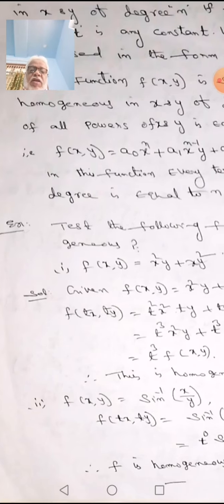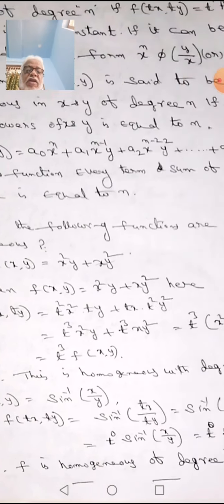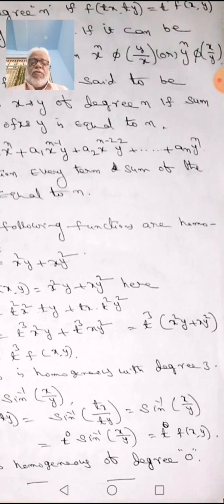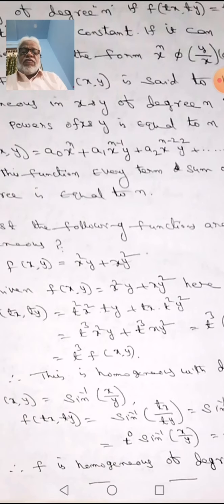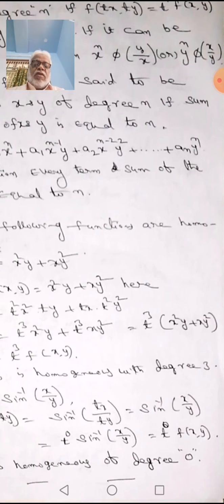So sin inverse x by y, in terms of f of tx, ty, again we get f of x, y. Can we write this as t power 0 sin inverse x by y? The value of t power 0 is 1 only. Sin inverse x by y is nothing but f of x, y. So f of tx, ty becomes t power 0 f of x, y.